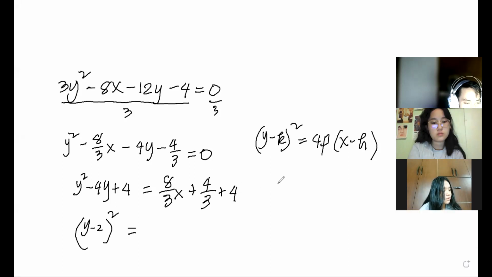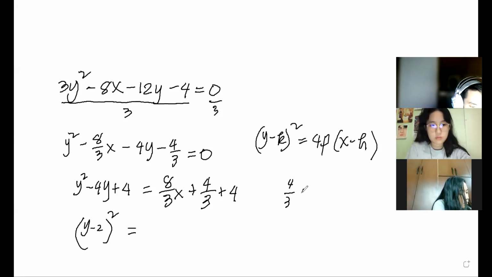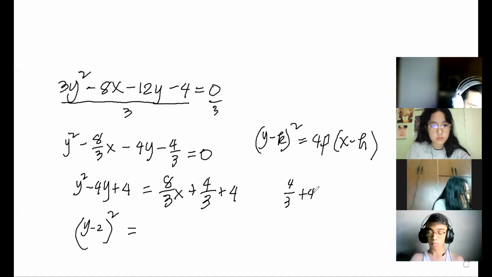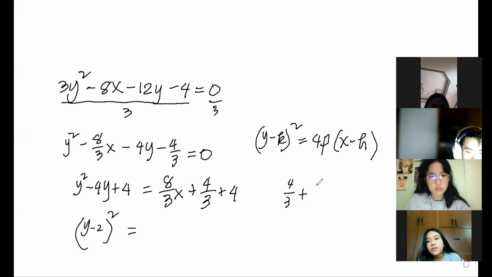Hello. If you have 4/3 plus 4, it will be easy if you make them have the same denominator, right? And to do that, the 4 can be written as 12/3, right?